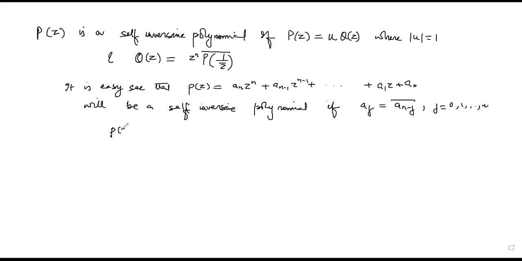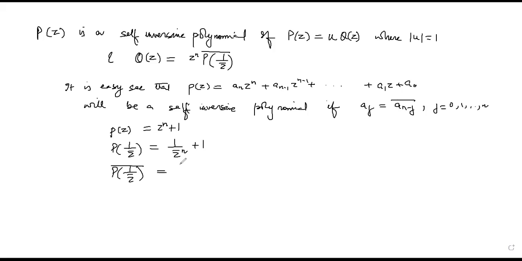Example, so if I take p of z equal to z raised power n plus 1, a simple example. Now what would be p of 1 by z bar? P of 1 by z bar would be 1 by z bar raised to power n plus 1. Right? And what would be p of 1 by z bar का whole bar?